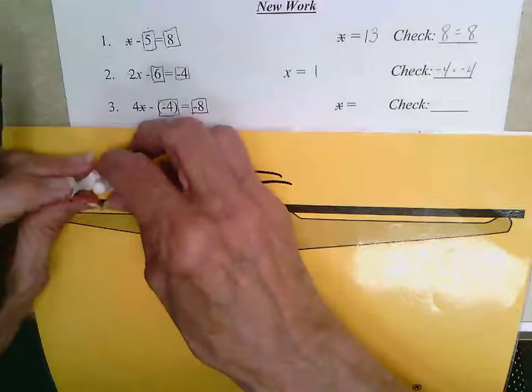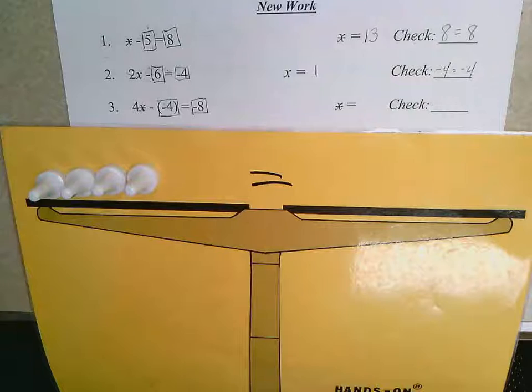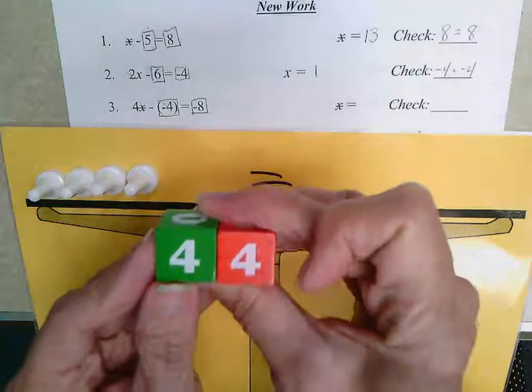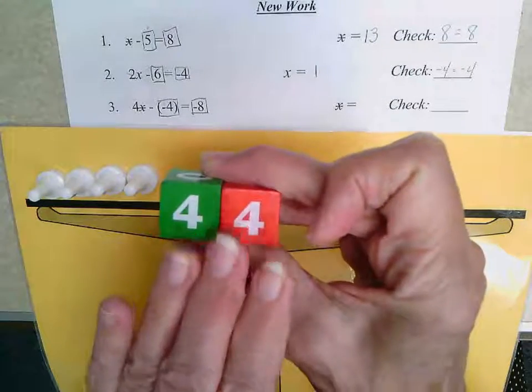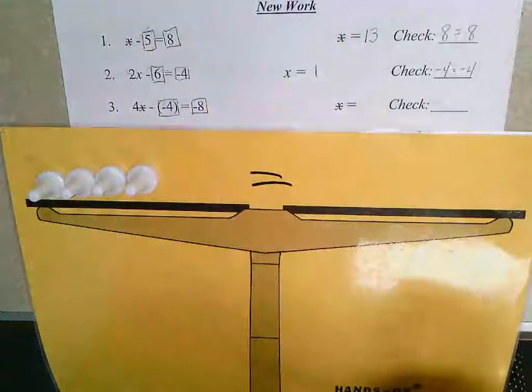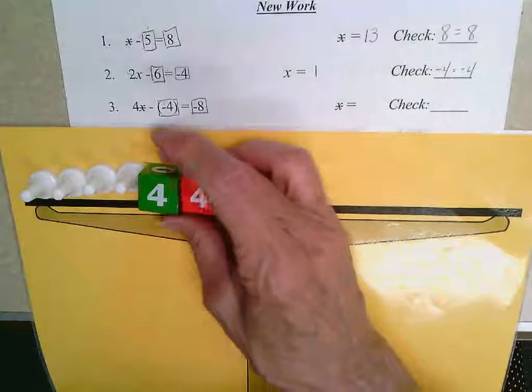Well, I don't have any number blocks here to take away. So I have to make a 0 pair. A pair of zeros. When I'm doing this, I have to put these on as a pair. I can't just add my -4 and then take it away. I have to add these as a pair.